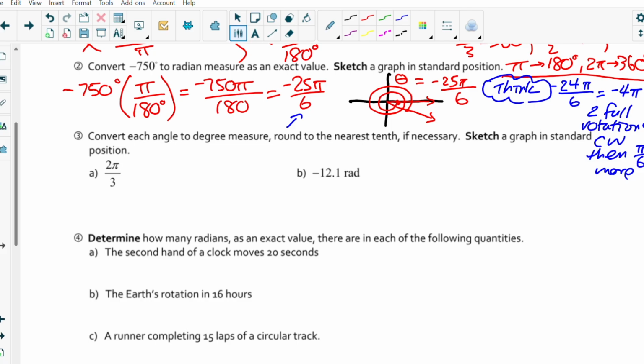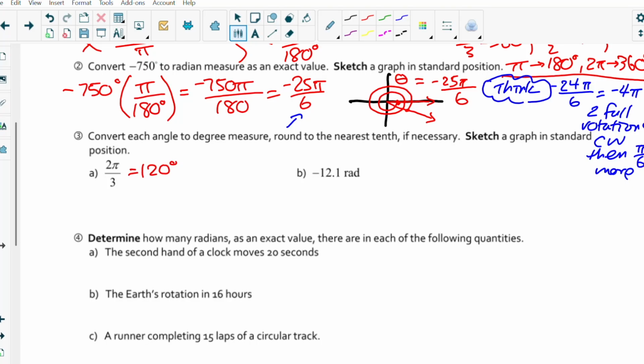More startup. Convert each angle to degree measure, then round to the nearest tenth if necessary. Sketch a graph. 2 pi over 3. You can multiply this by 180 over pi, or I know right away I can convert this in my head. Mental math: pi over 3 is 60 degrees, so 2 pi over 3 is 120 degrees.